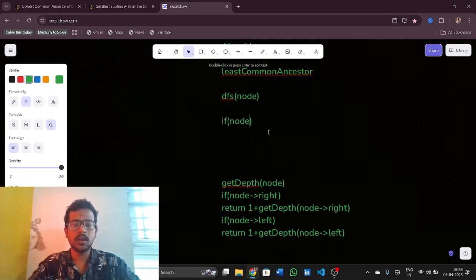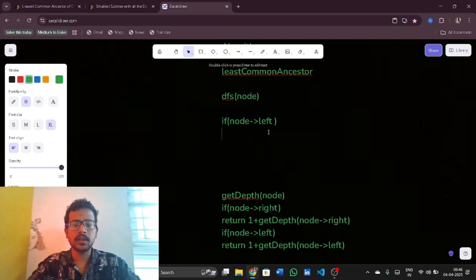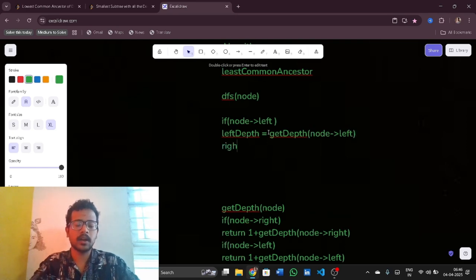If node left, then I will be doing something like left subtree and right subtree: the left depth and right depth. Left depth is equal to get depth of node left, and the right depth is equal to get depth of node right.